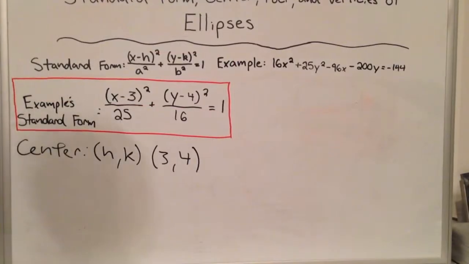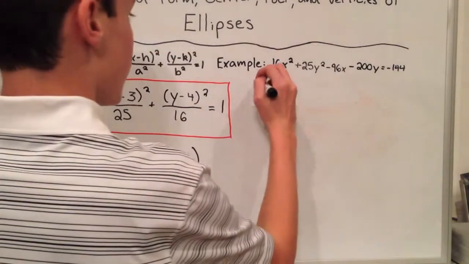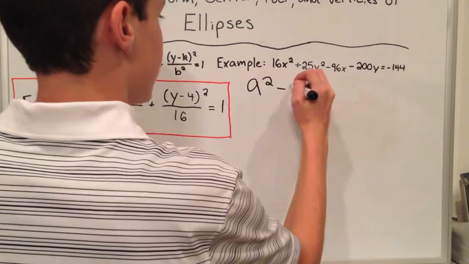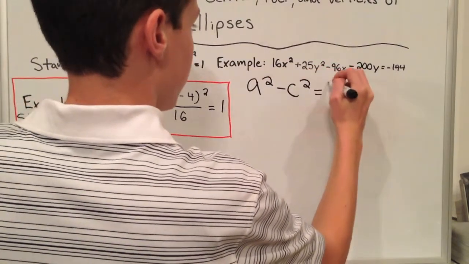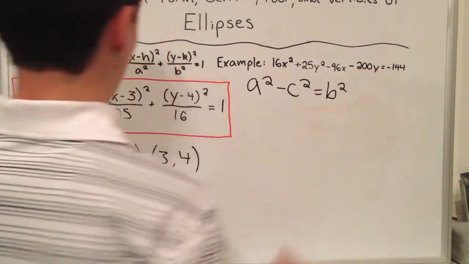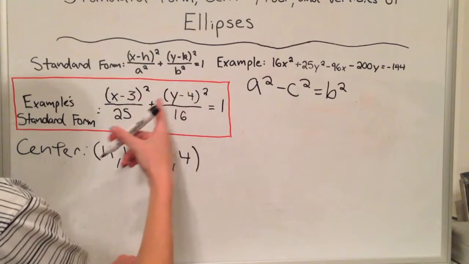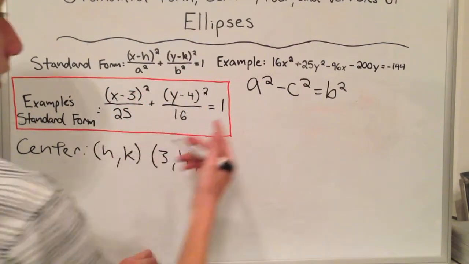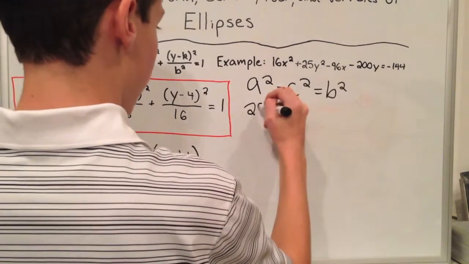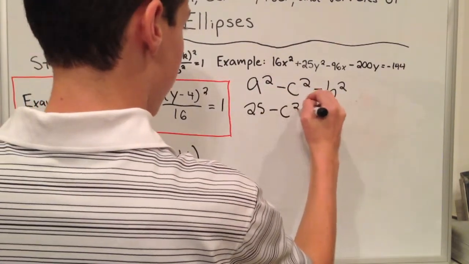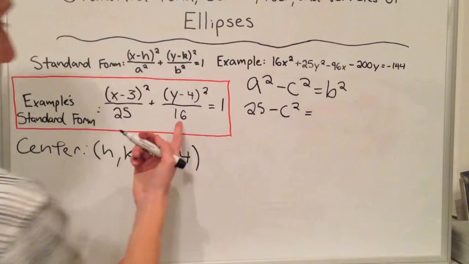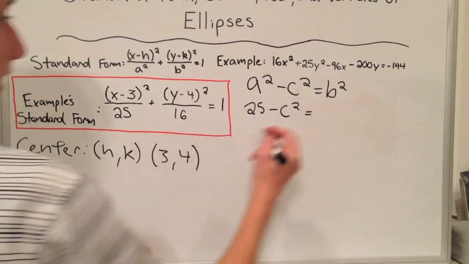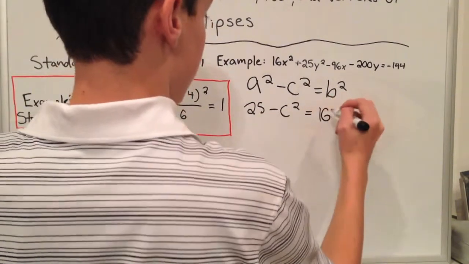Now to find the foci, we use the equation a squared minus c squared equals b squared. And we already know the a squared and b squared from the equation up here, so we can plug them in. And so we get 25 minus c squared equals, and b squared is 16, so we have 16.